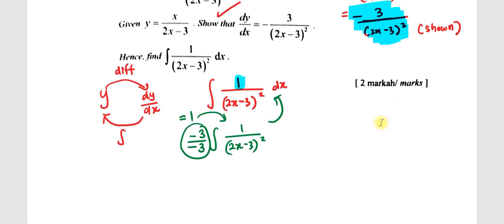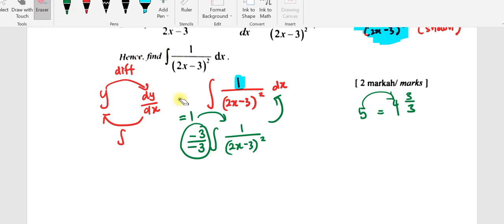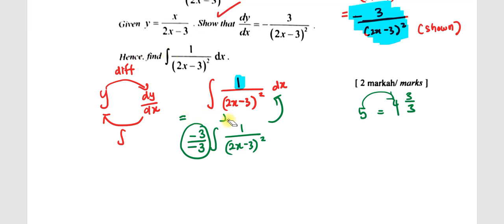For example, 5, I can also write as 15 over 3, right? It's the same thing. I didn't change the question, I changed the form of the question. Okay, I slowly go to do this. See that? So now I add like this.